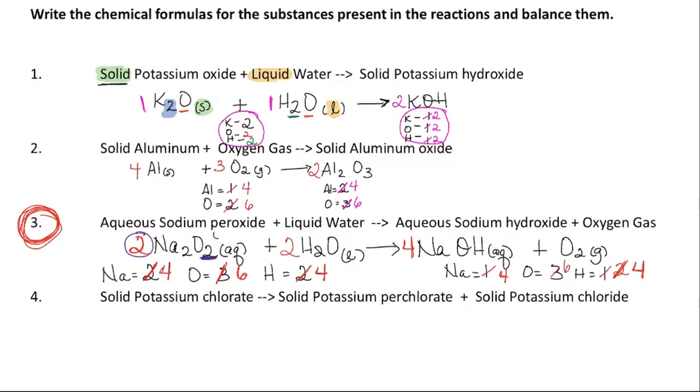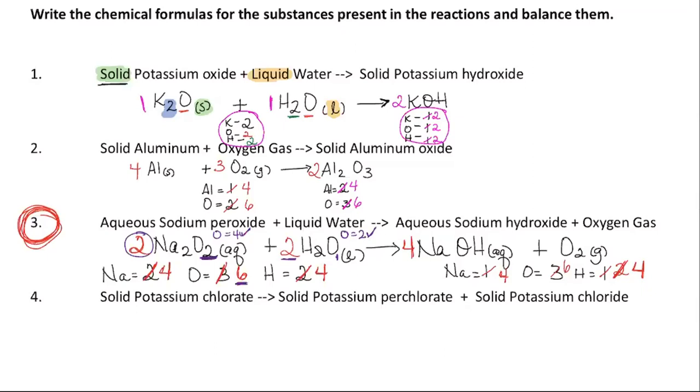So that will be making oxygen before here. Then, because of this 2 times the 1 that is in the water, that will be oxygens equals 2. So the 4 here and the 2 here, that's where I get my 6 oxygens.